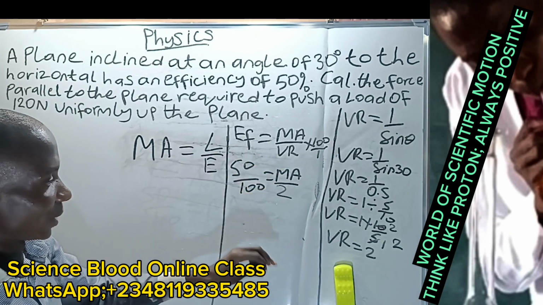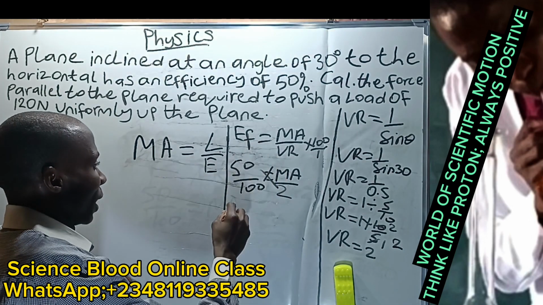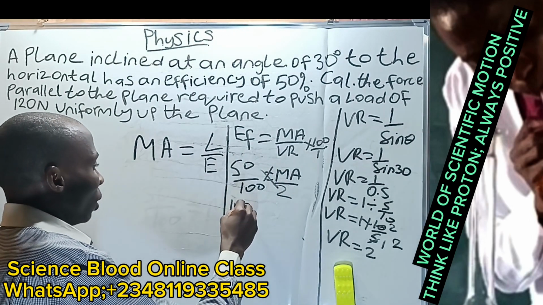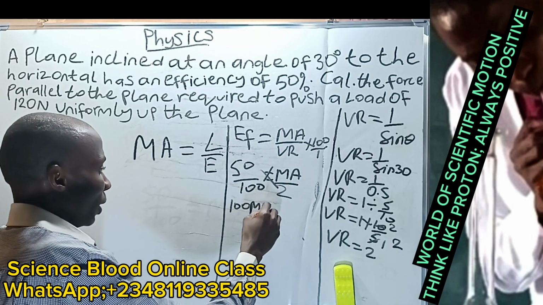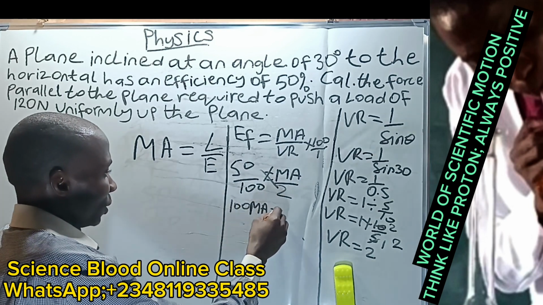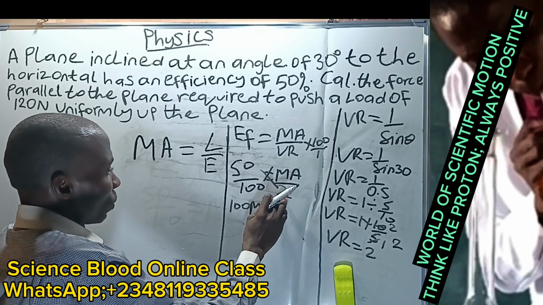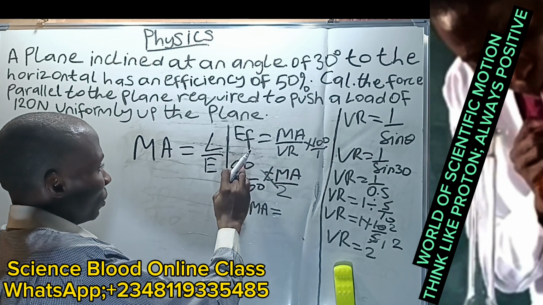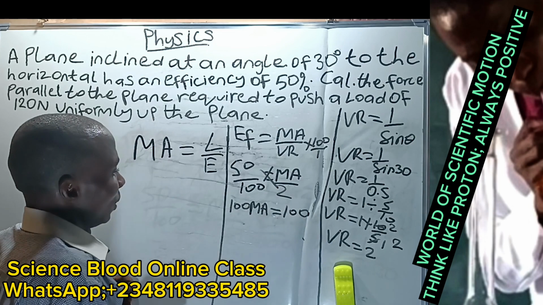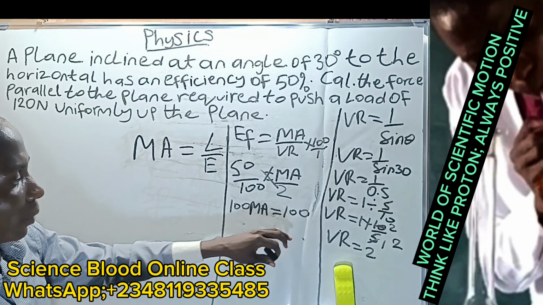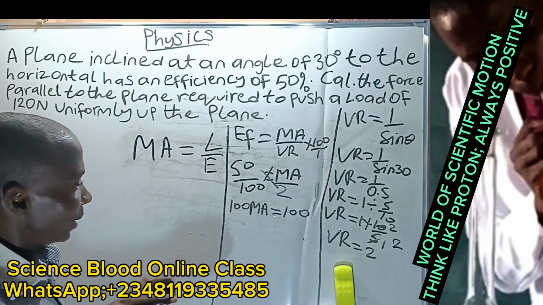Let us cross multiply, and when we cross multiply, we have 100 multiplied by MA, which is mechanical advantage, is equal to 2 multiplied by 50, to give us 100.